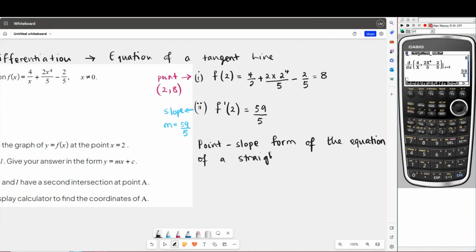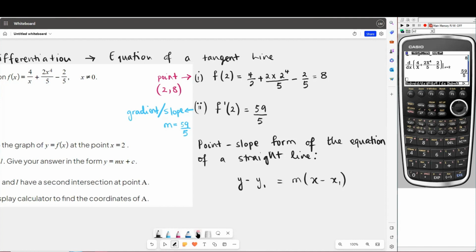Some people call this a slope, some people call this a gradient. It's just one word that refers to the same thing. Slope, gradient, it's the same thing. So the point slope form of the equation is y minus y1 equals m times x minus x1.